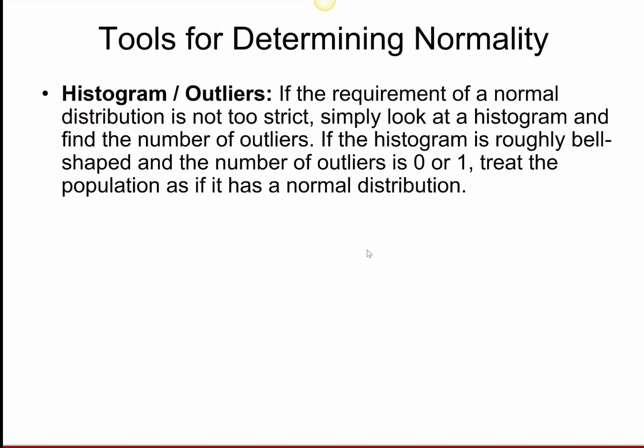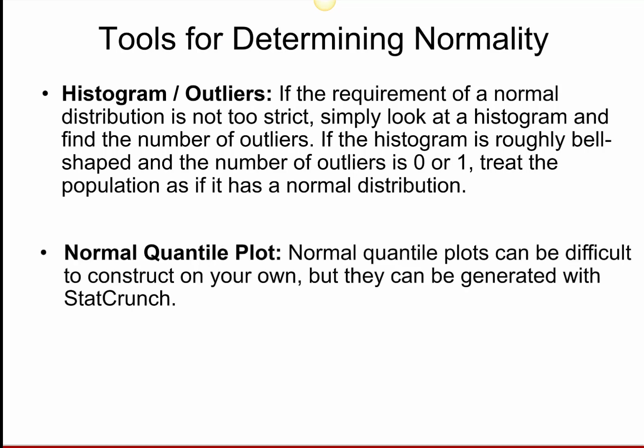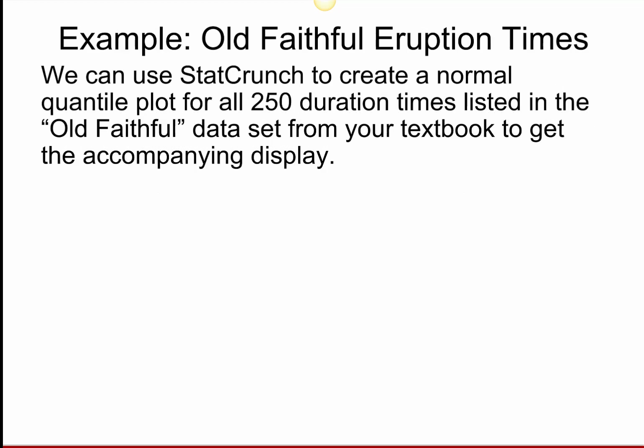If the requirement of a normal distribution is not too strict, simply look at the histogram and find the number of outliers. If the histogram is roughly bell-shaped and outliers are 0 or 1, we can say it has a normal distribution. Normal quantile plots can be difficult to construct on your own, but StatCrunch does a really nice job for those. So I'm going to do a normal quantile plot for the 250 duration times listed in the Old Faithful data set from your textbook.